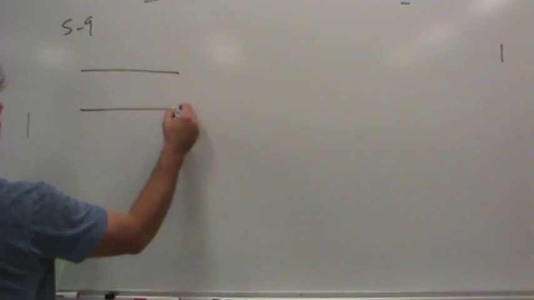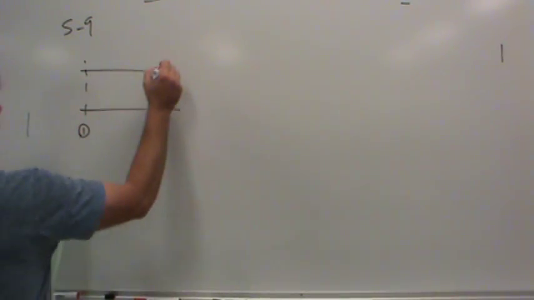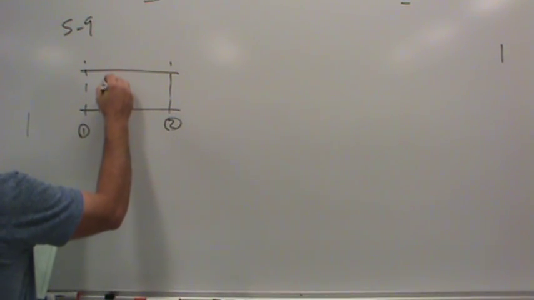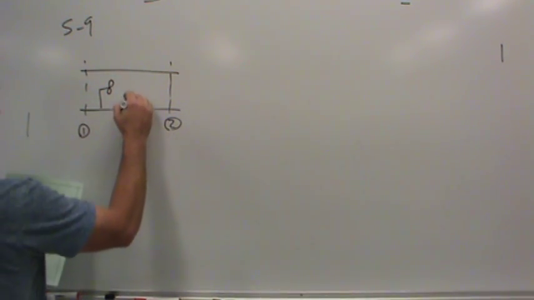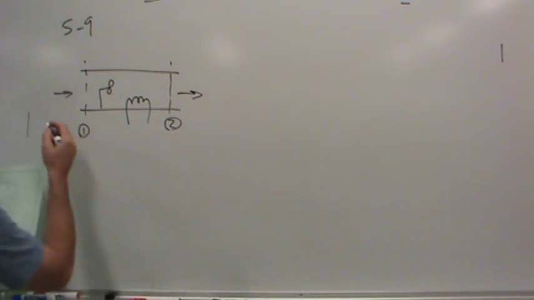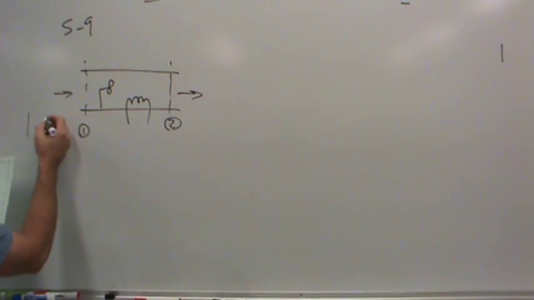All right, so here's the system. We have section 1 on this side, section 2 on this side. There's a fan. It's blowing air across coils. So air comes in section 1 with a specific volume.